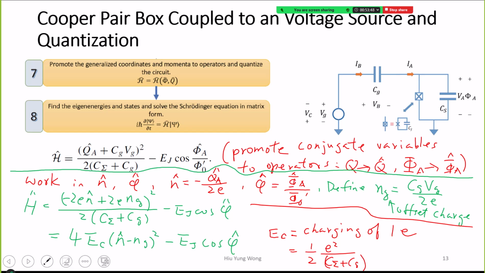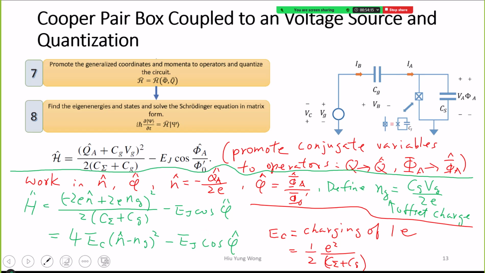If you plug this in, you will see that this becomes 2e squared divided by the summation of capacitance, and that is exactly what you have, because 2 becomes 4, but is cancelled by 2, so 2e squared. So basically, your total Hamiltonian is the charging energy minus the inductive energy.